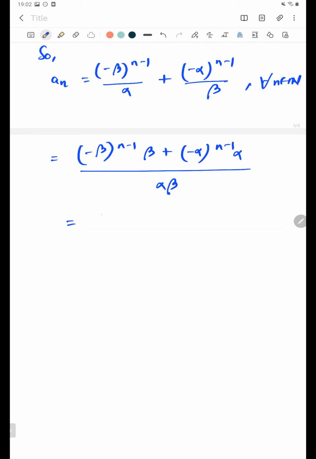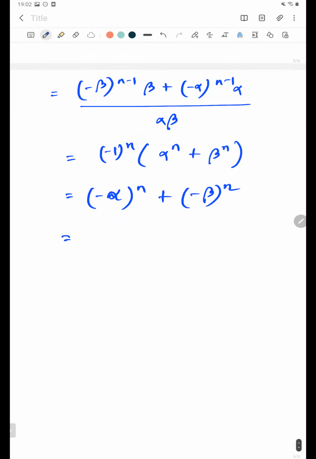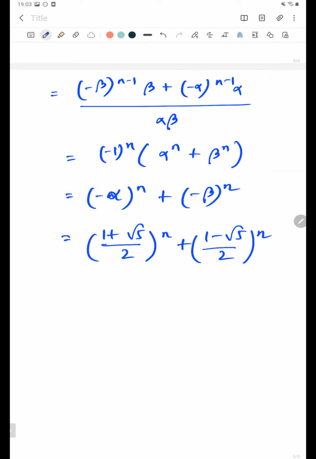This again equals minus 1 to the power n alpha to the power n plus beta to the power n, which means minus alpha to the power n plus minus beta to the power n, and that is 1 plus root 5 by 2 whole to the power n plus 1 minus root 5 by 2 whole to the power n. So we have obtained the closed form.